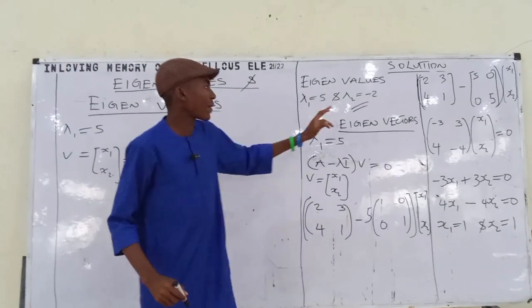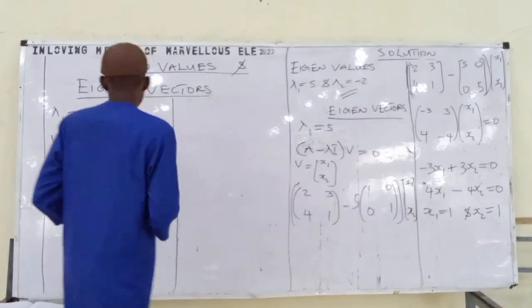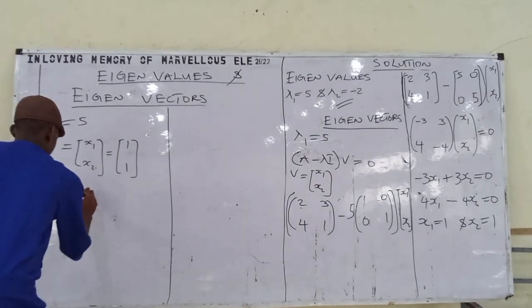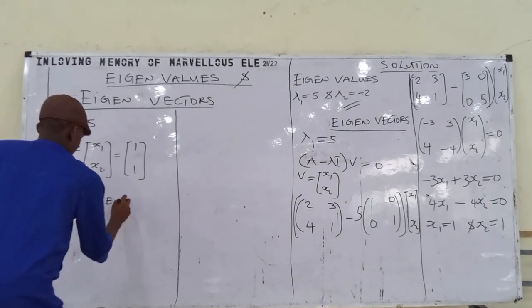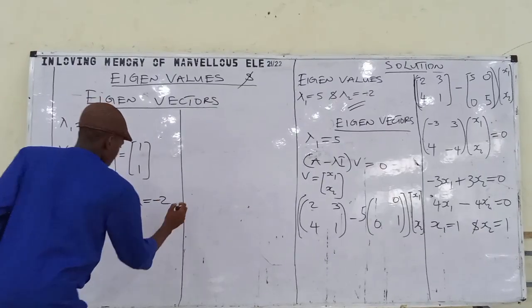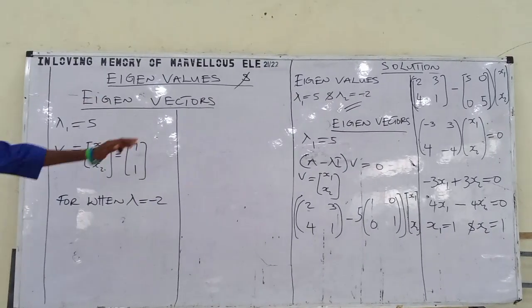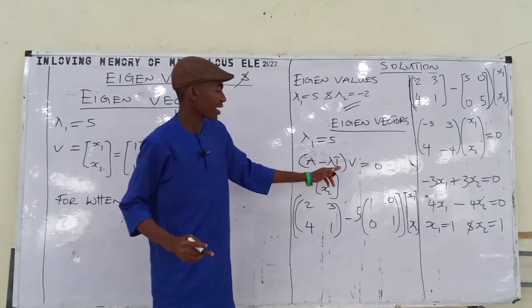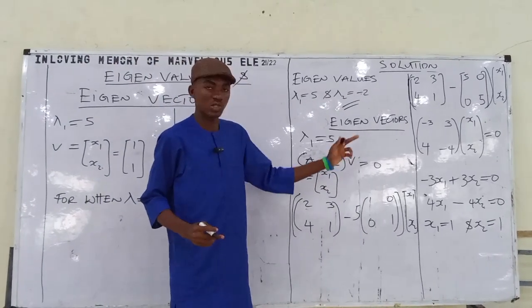Now let's do it for when our eigenvalue is -2. What do we have? The same formula. A minus lambda I times v equals 0.